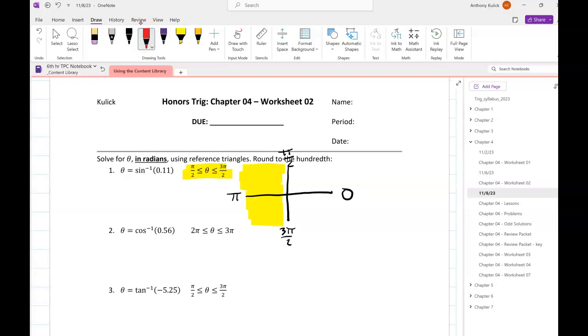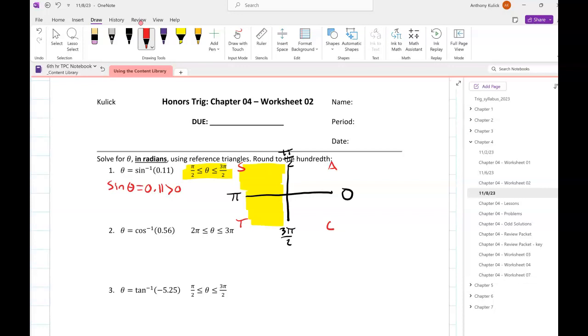Okay with that? Now to narrow this down, I'm going to consider that sine theta has to equal 0.11, which is a positive value. So I'm going to use my acronym, All Silly Turtles Crawl, to help me identify what quadrant sine needs to be positive in.